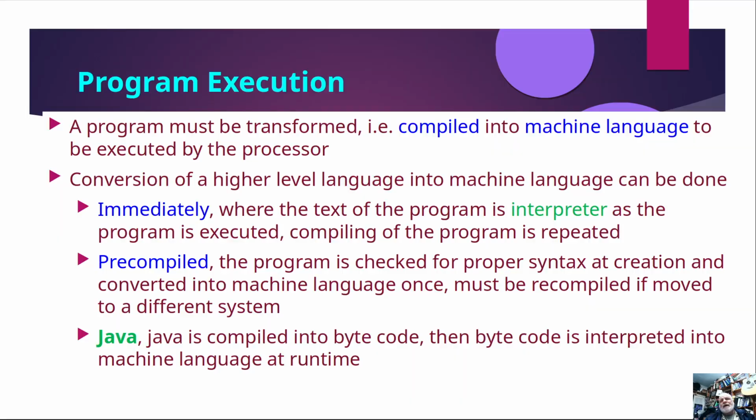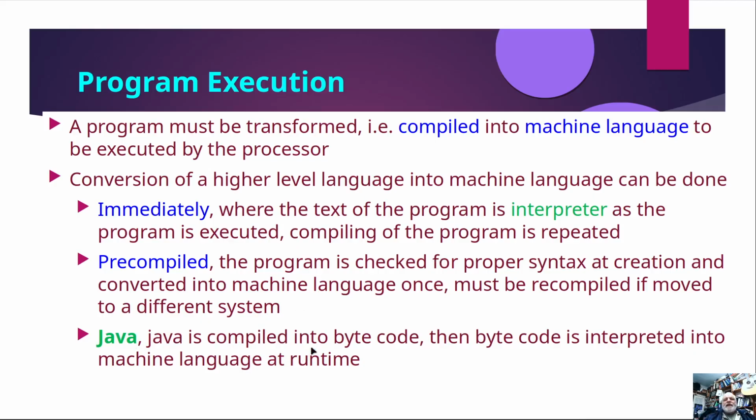Interpreted code is usually much easier to create, test and run, but the problem is it tends to run much slower than compiled code. So if you pre-compile it, it's just going to run faster.